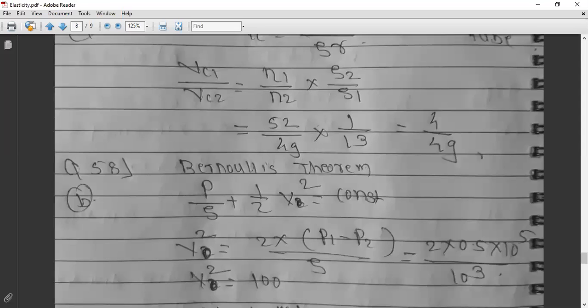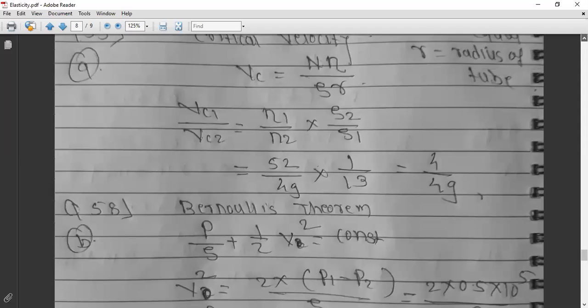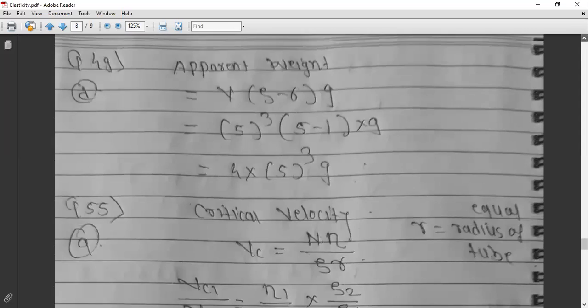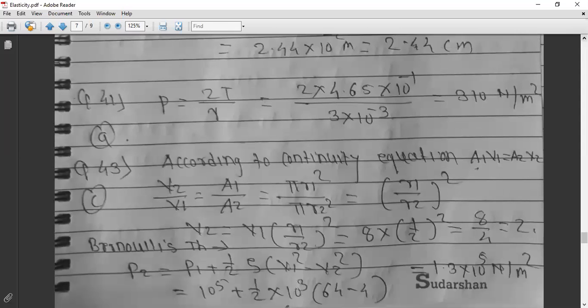Then the next question, that is question number 41. In question number 41, what is the excess pressure inside a drop of mercury of radius 3 millimeter? This is related to Laplace's law. By Laplace's law, P is equal to twice T upon R. Surface tension is given, and the radius of this drop of mercury is also given, 3 millimeter.